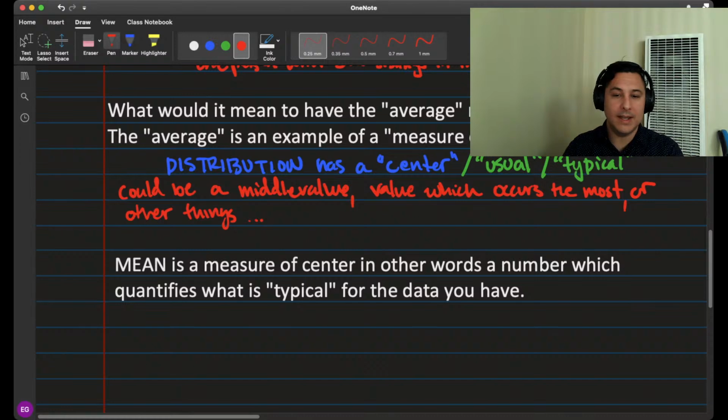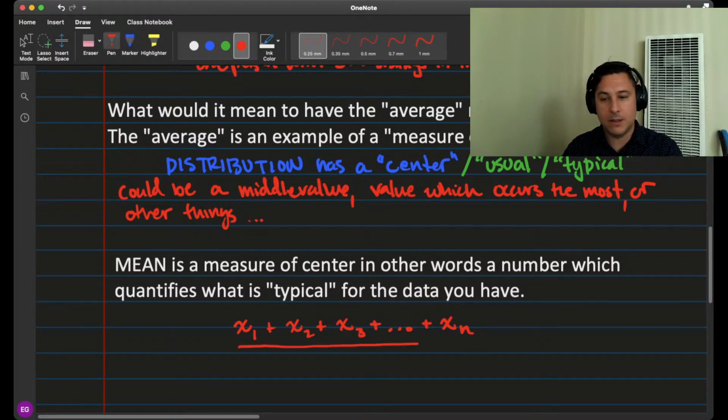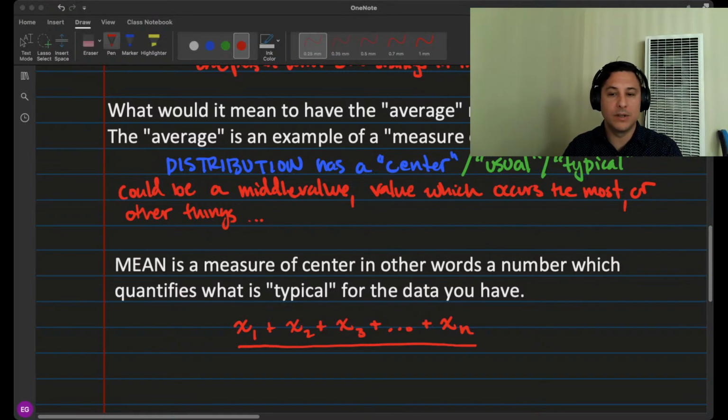Okay. So if x1 would be your first number, x2 would be your second number, x3 would be your third number, and so on, all the way up to your last number, which we'll call xn. You add up all your numbers and then you divide by how many numbers you have.